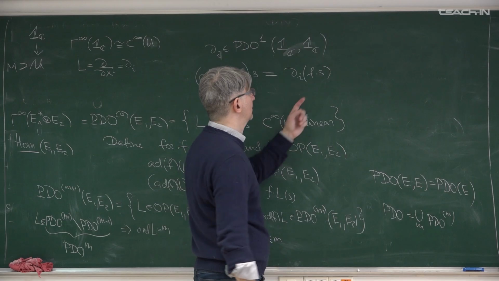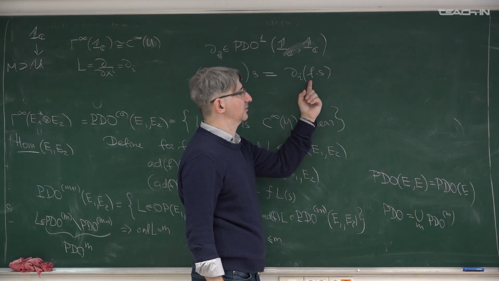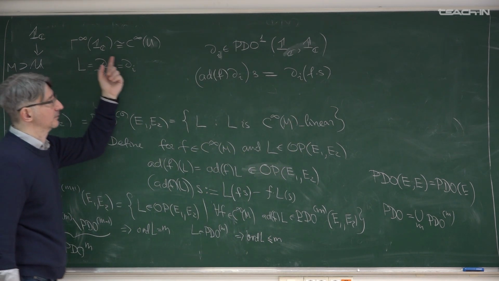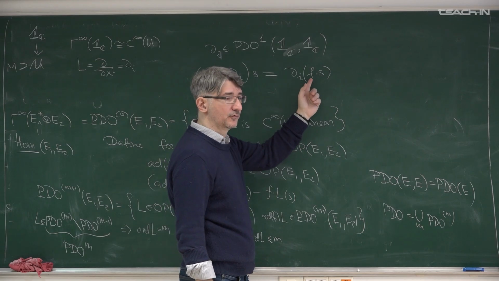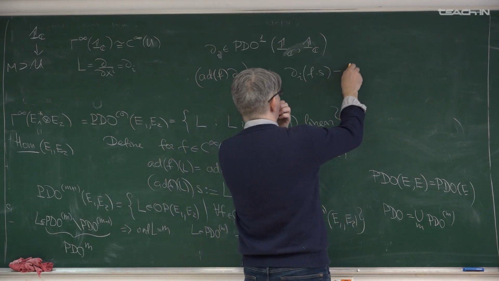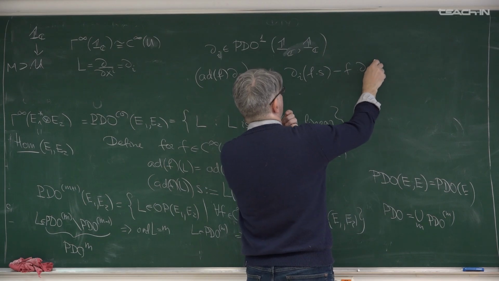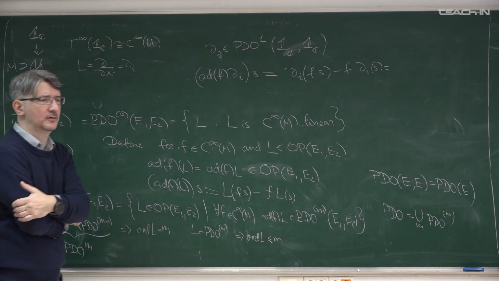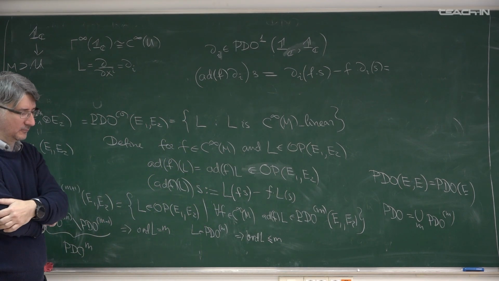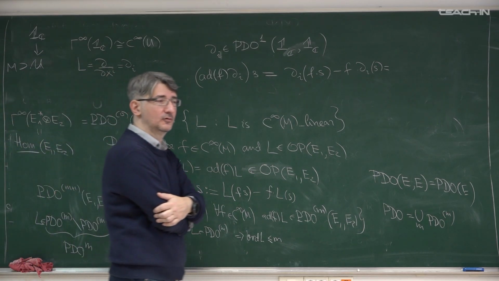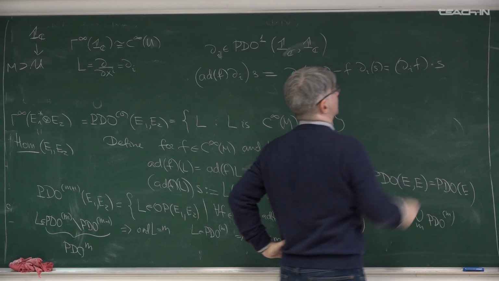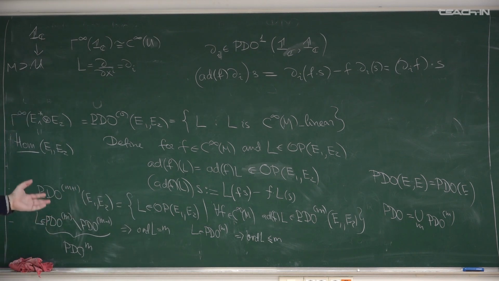In general one is a section and the other a function, but since we deal with a trivial one-dimensional vector bundle, both are smooth functions. It's a very complicated formula, but we can calculate it mentally; we don't need to write it. This is di of f times s. Everything else cancels.